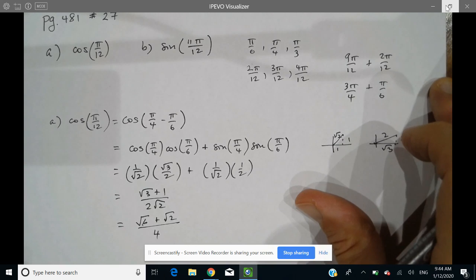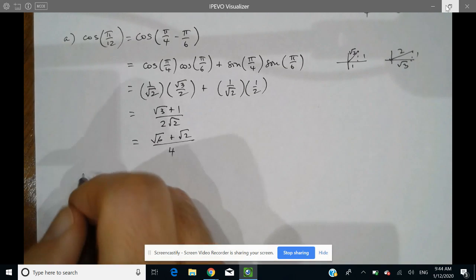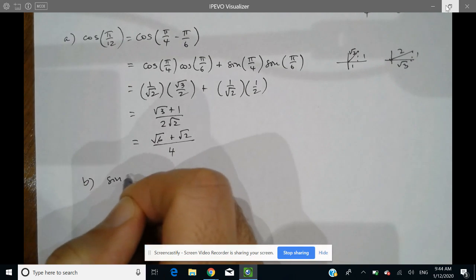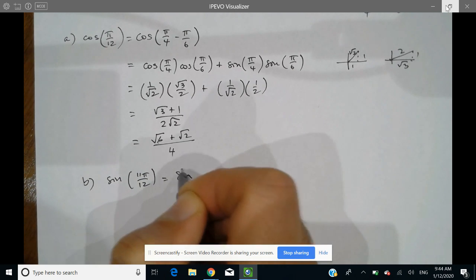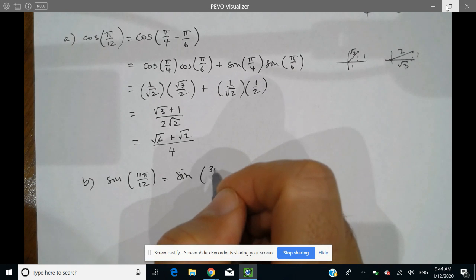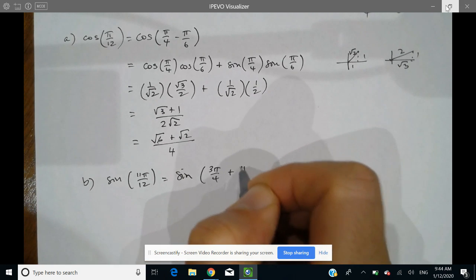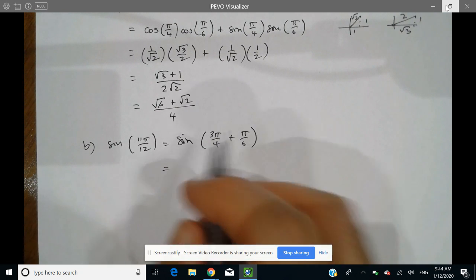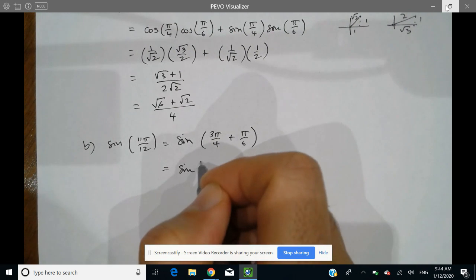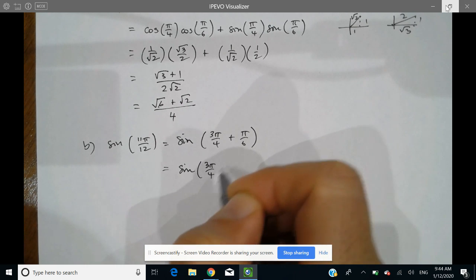So now for B, we're going to rewrite sine of 11 pi over 12 as sine of 3 pi over 4 plus pi over 6. And again, we're going to use the compound angle formula for sine. So here it's going to be sine of the first times cos of the second.